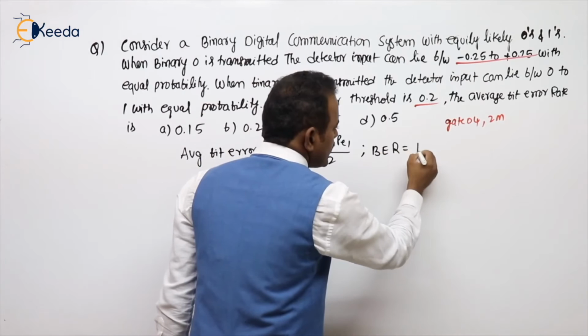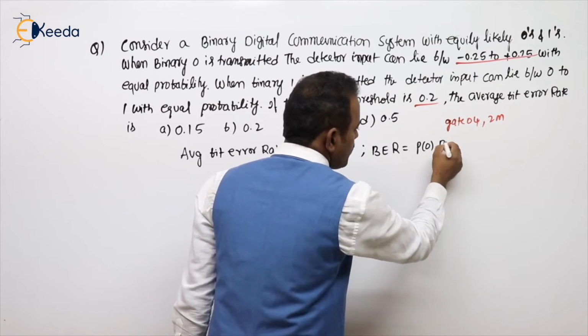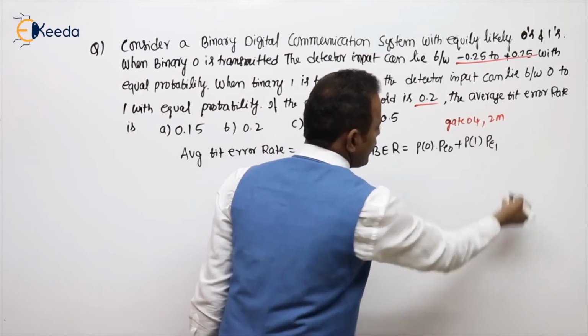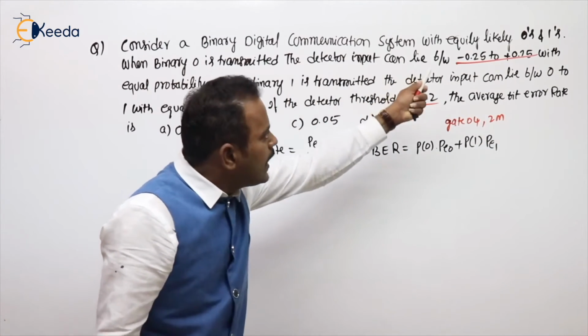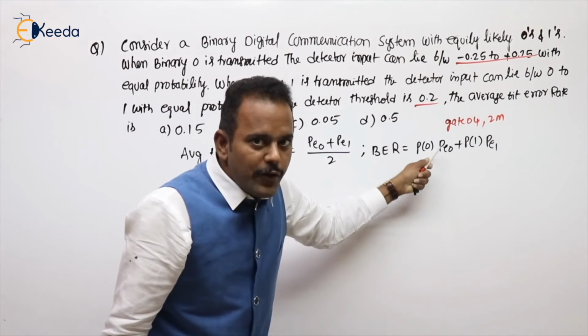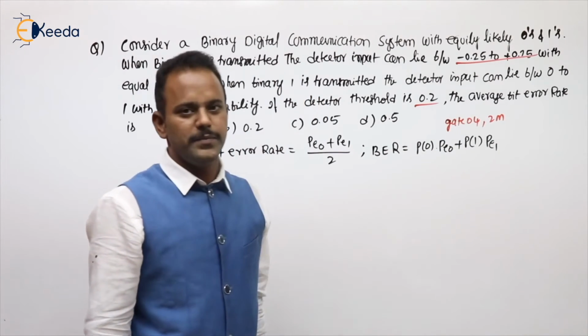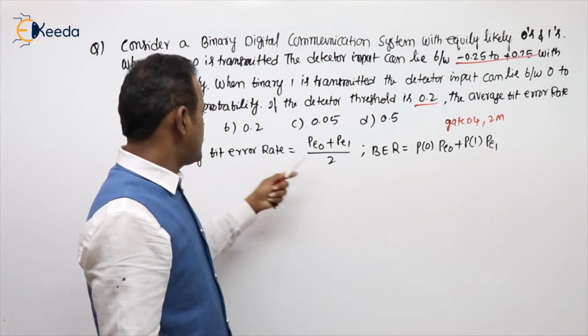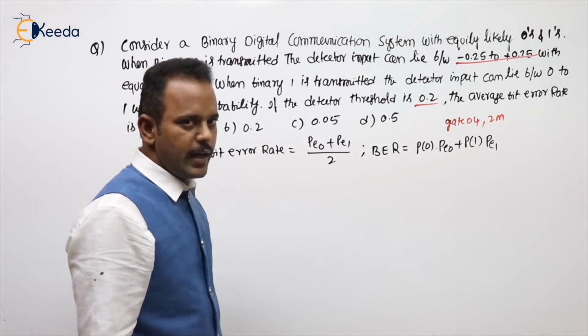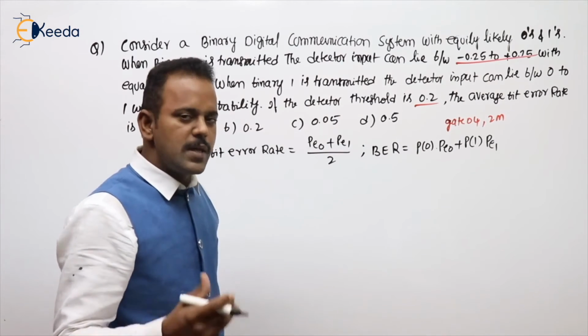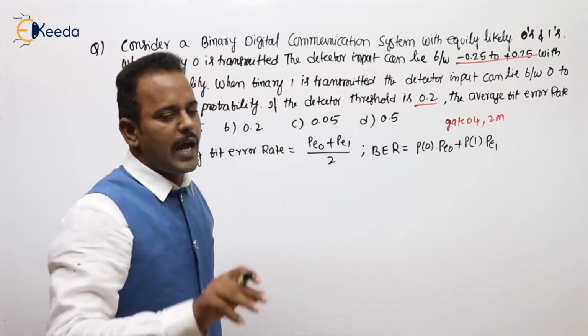Bit error rate is nothing but probability of 0 into probability of error for 0, plus probability of 1 into probability of error for 1. Here equally likely means probability of 0 and 1 both are the same. So 1 by 2, 1 by 2. Got my point? So that is also equal to average bit error rate. If transmitted probability for 0 and 1 is the same, bit error rate is also equal to average bit error rate.